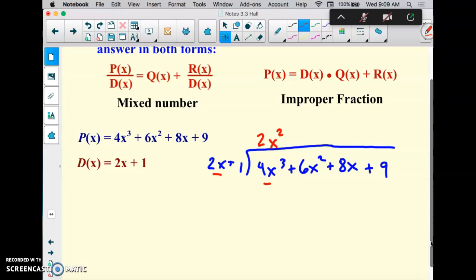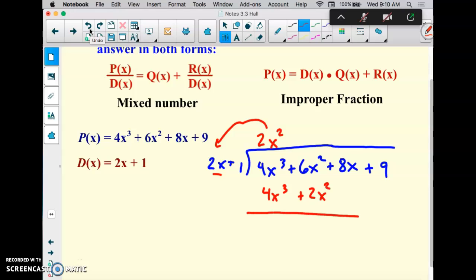Now I take this 2x squared and multiply it times both terms and put it below. 2x squared times 2x gives me 4x cubed. 2x squared times 1 gives me 2x squared.